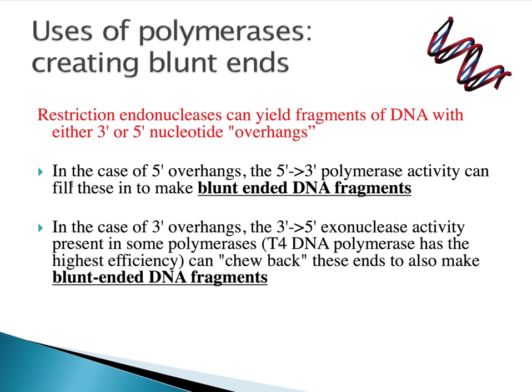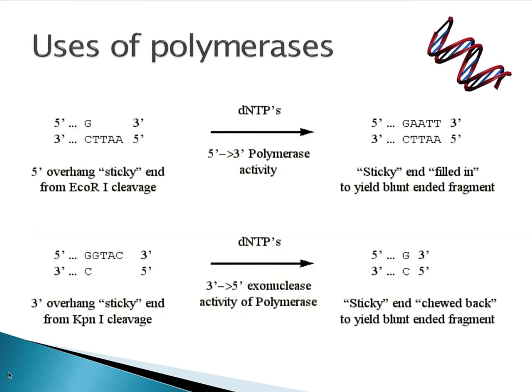So you can use polymerases to either fill in. For example, if you have a 5' overhang, you could use a 5' to 3' polymerase activity to fill it in to a blunt end, or the reverse: if you have a 3' overhang, you can use the 3' to 5' exonuclease activity to chop it back. Let me show you some pictures, it's easier to understand.